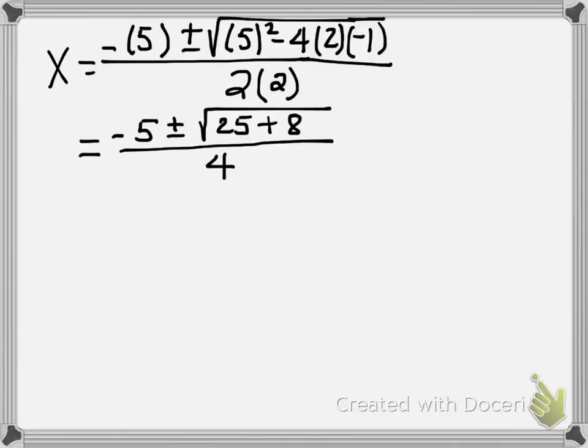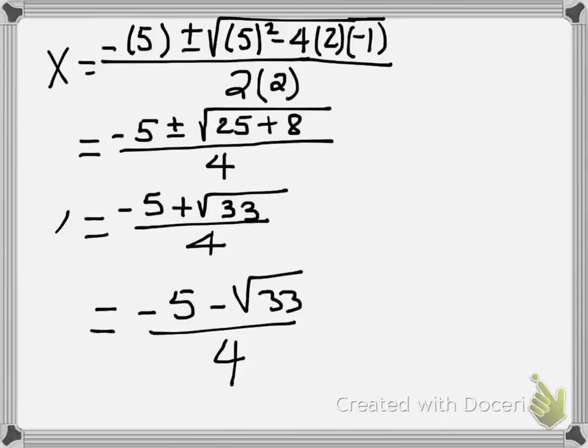And we simplify further and we obtain negative 5 plus or minus the square root of 33 over 4. But we can write this as two different answers. Since the quadratic has two answers, we also have negative 5 minus the square root of 33 over 4.